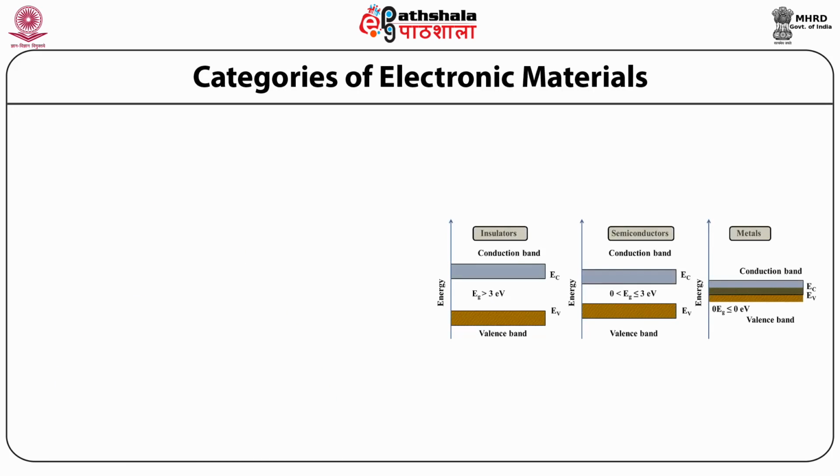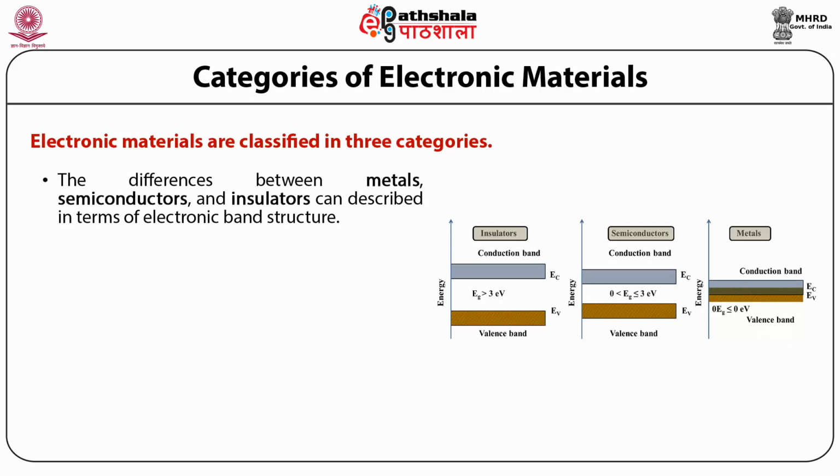Categories of electronic materials. So students, electronic materials can be classified into three categories: first is metal, second is semiconductor, and third is insulator, based on their electronic band structure. The figure below shows the schematic of the energy band diagrams for insulator, semiconductor, and metal.